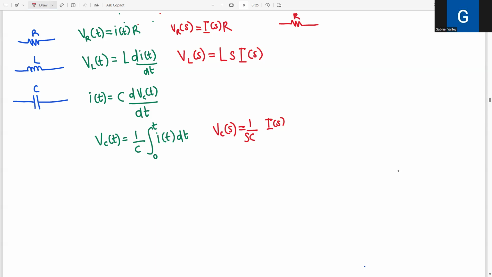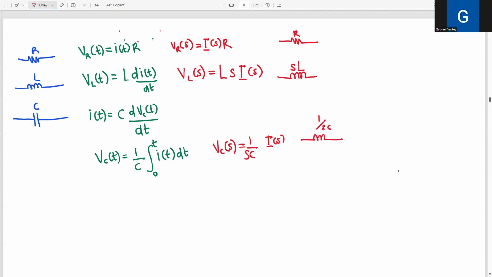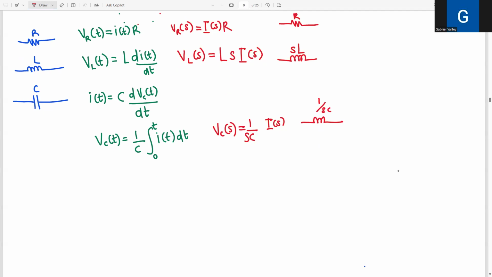But for an inductor, when you convert it into the Laplace domain, it has an impedance of sL or Ls, either way that you choose. And for a capacitor, it has an impedance of 1 over sC, right? So that's what we are going to use. Just keep this in your head, and everything will be simple for you from now on.